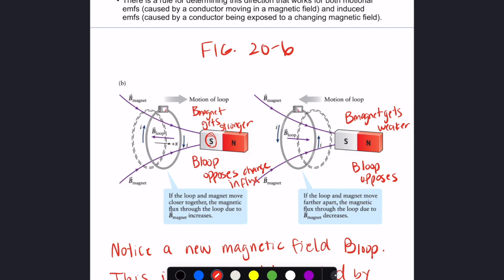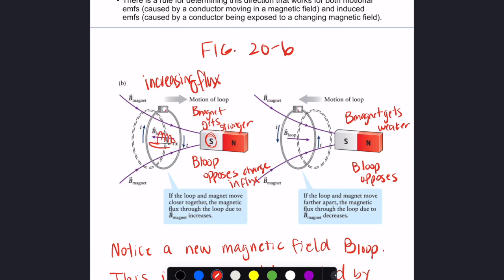And then if you stick your thumb in the direction of B loop and curl the fingers around the way they naturally go for your right hand, you're going to see that your fingers curl kind of into the page here. You can't see my fingertips, right? They're curling into the page based on the right-hand rule for current and magnetic field. So this is a case of increasing flux.